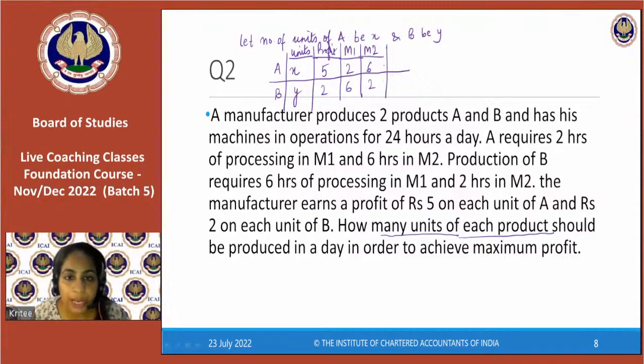Now, I have to convert these conditions into a linear programming problem first. Then we will solve them using the graph and the corner point method. So how do we solve this part?